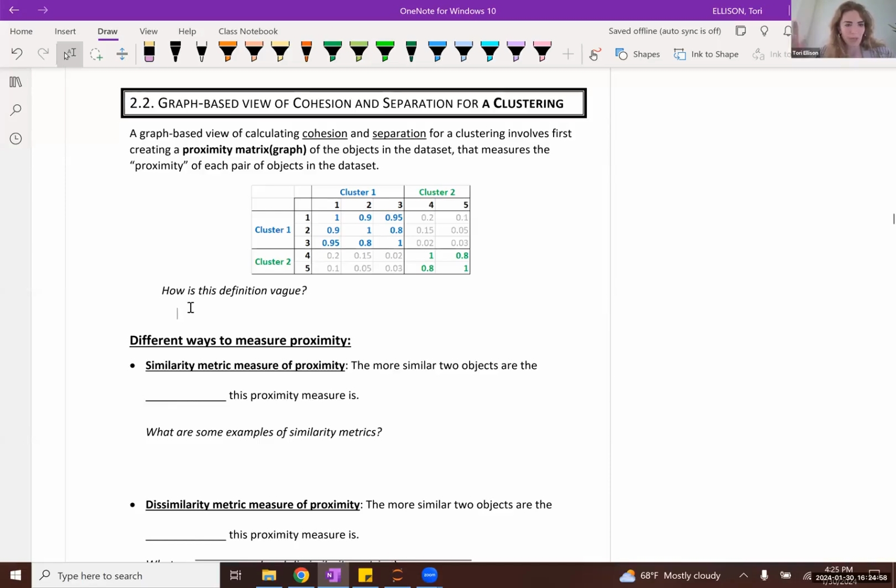So how is this definition vague? Any ideas? Yeah, exactly. So we might ask ourselves, how do we measure proximity? Okay.